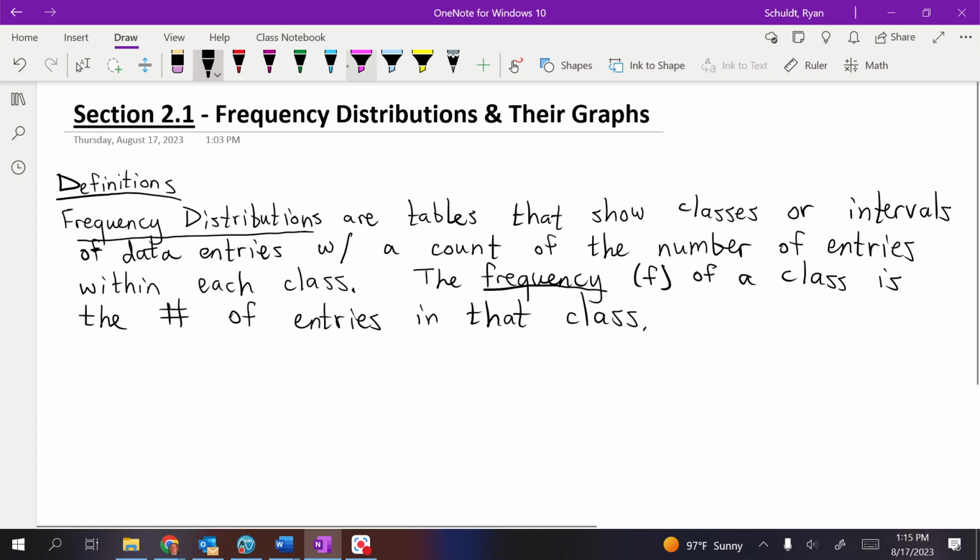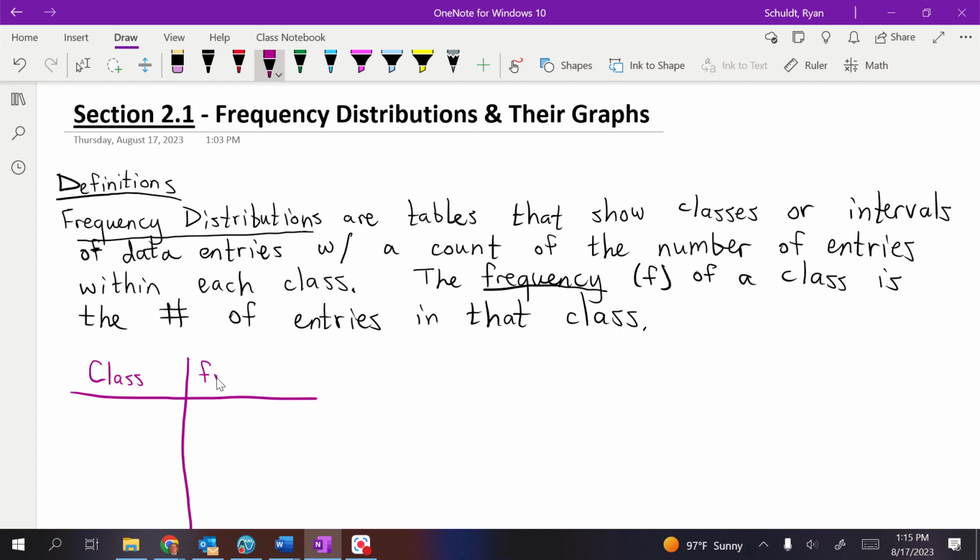So what a frequency distribution looks like is a 2-column table. We would have a class, and then the frequency. Let's say from 1 to 5, there were 5 people that had an entry there.